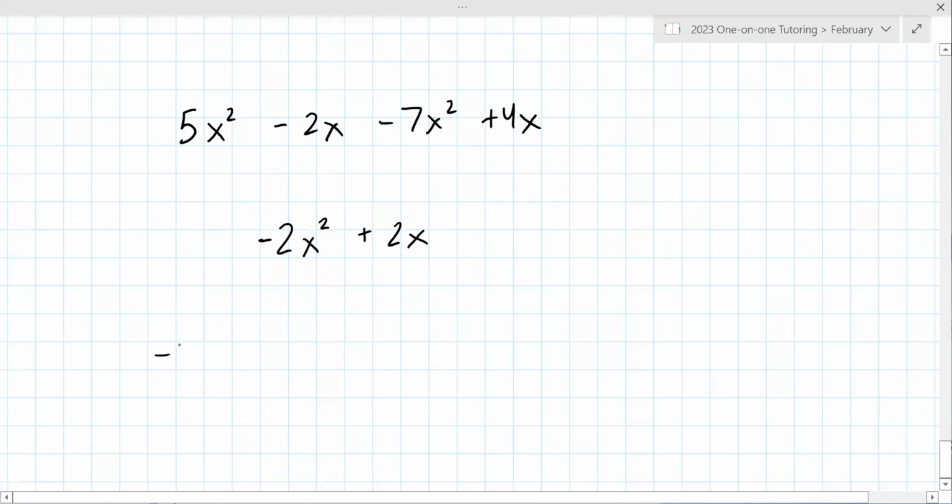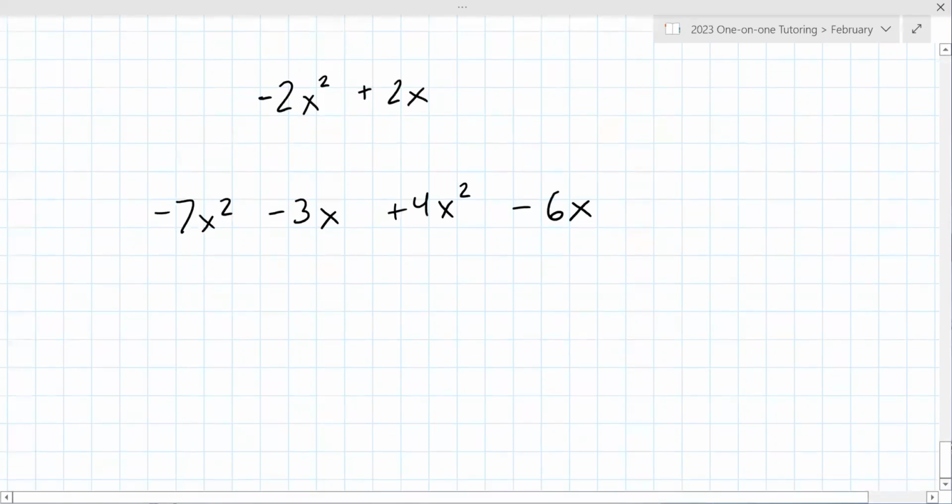So here's another one to try. Go ahead and give this one a try. This might be our last problem for tonight. So we have negative x squared and negative 9x.